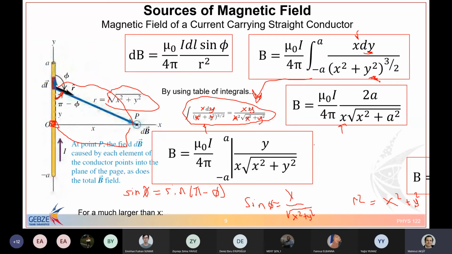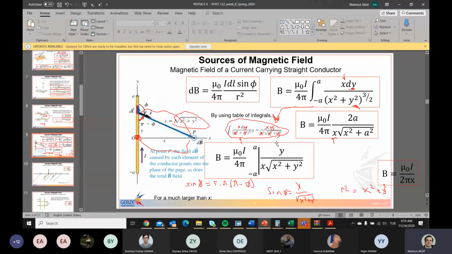this is x squared. Okay, square root of x squared plus y squared. And you put a and minus a instead of y here and subtract from each other. So it's going to be a over x multiplied by square root of x squared plus a squared minus minus a over x square root of minus a squared plus x squared.